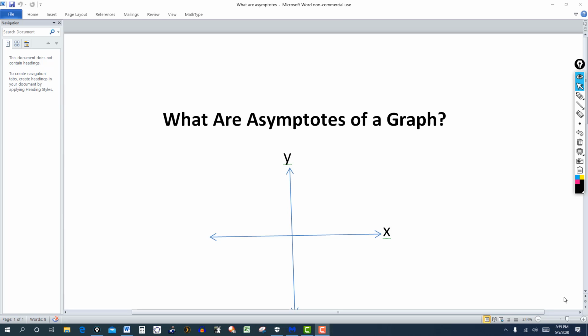In this video, I'm going to go over what are asymptotes of a graph. And here we're talking about specifically the graph of a rational function. So let's just define it as f of x will equal, and then the numerator, I'll use n for numerator, will be a polynomial.